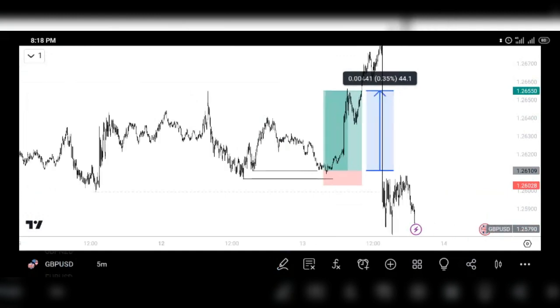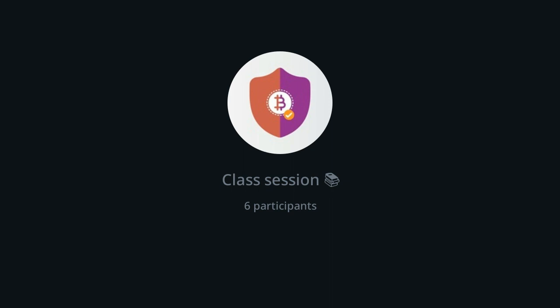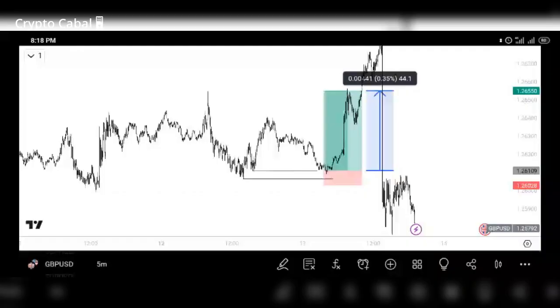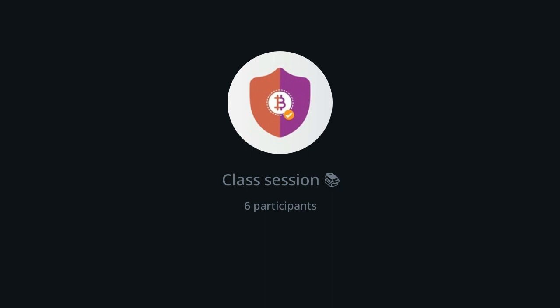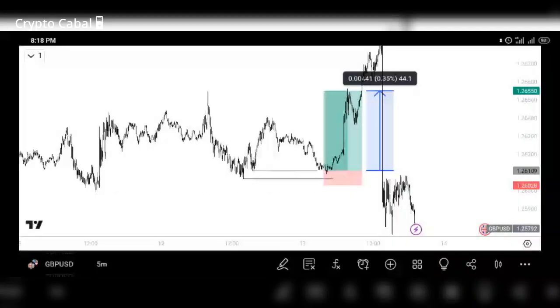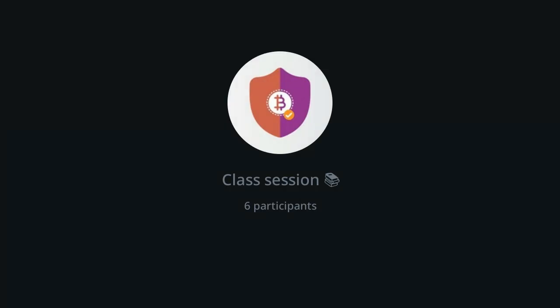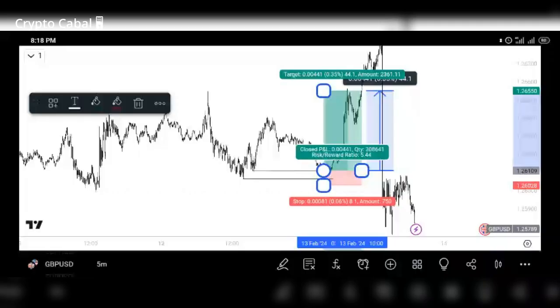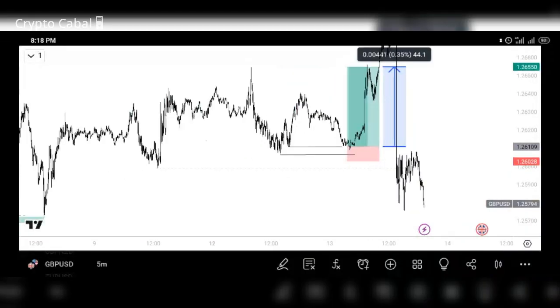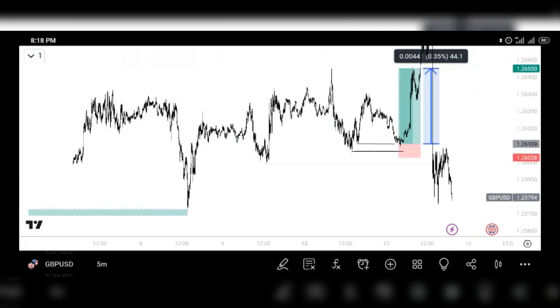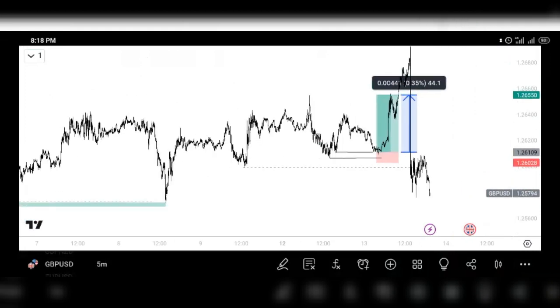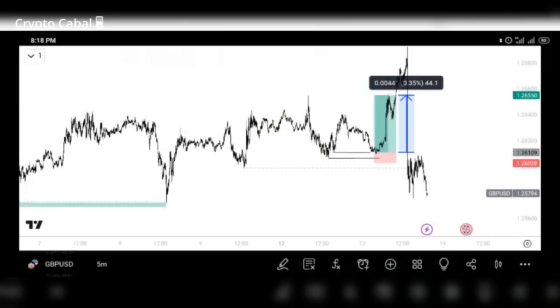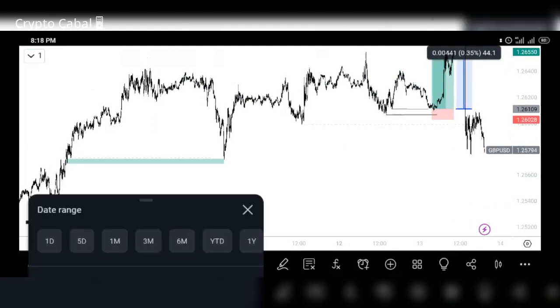If you are using a one lot size on this trade with 44 pips, you would have gotten $440, depending on the risk to reward ratio. If you are risking, let's say $100 on this trade, that means you would have gotten around $140. It's just an easy calculation and nothing else. Now, looking at the bigger picture also, let me show you something.